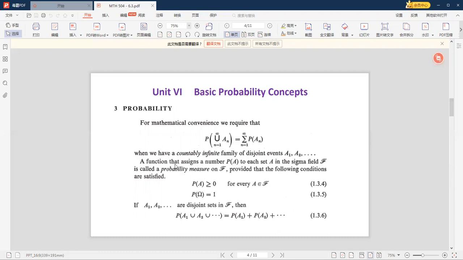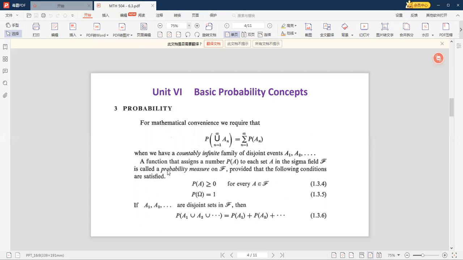So in terms of mathematics, a function that assigns a number P of A to each set A in the sigma field F we just talked about, a collection of subsets of the omega with the three properties, is called the probability measure on the field. So you can talk about the probability measure on each of those events of this class.